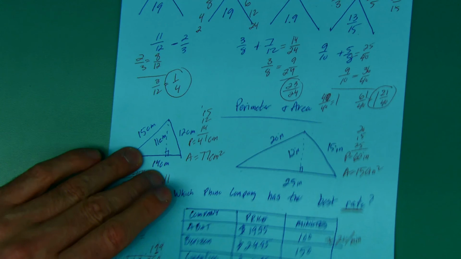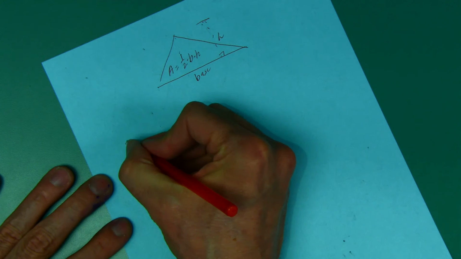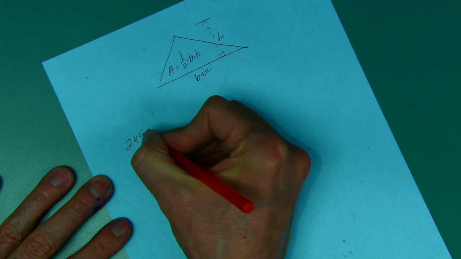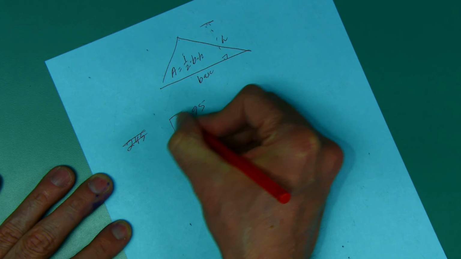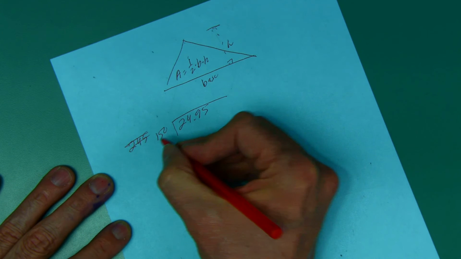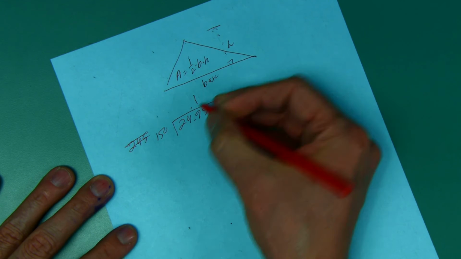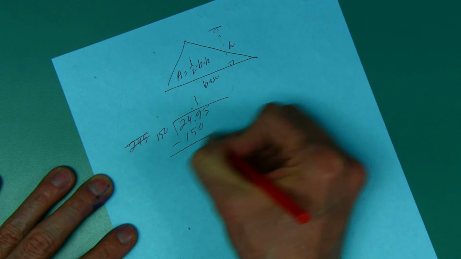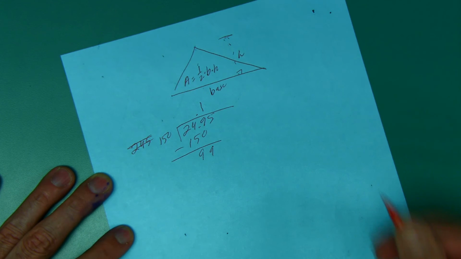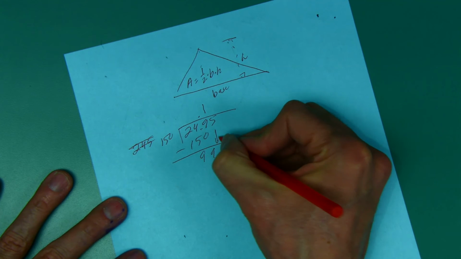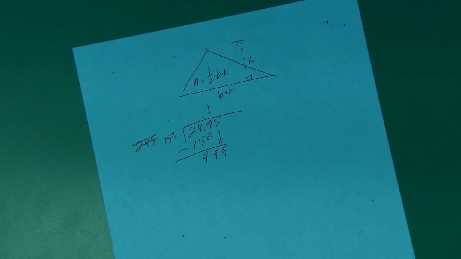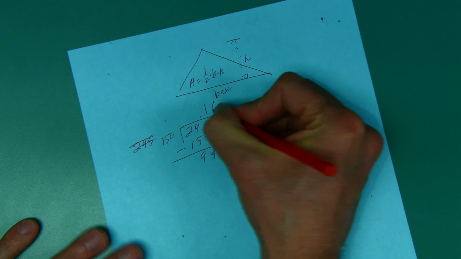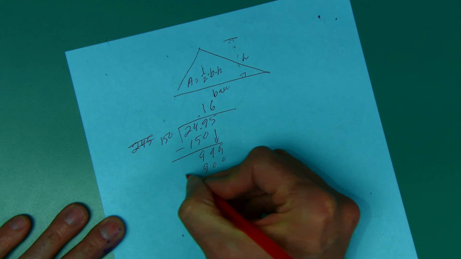All right, $24.95 for 150 minutes. I'm going to go 150 into 249 one time. What do I do next? Bring down the next number. Okay, now 150 goes into 995 how many times? Well, I know 6 times 15 is 90, so I'm going to go 6 here. This is going to be 900.